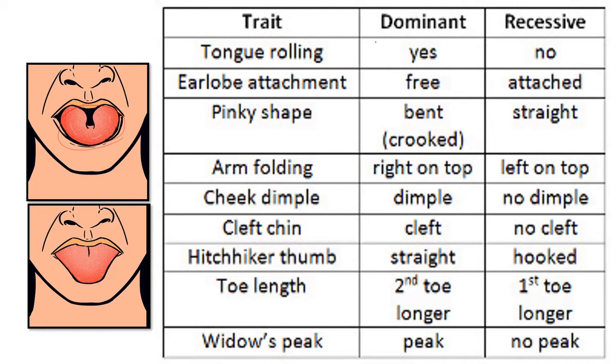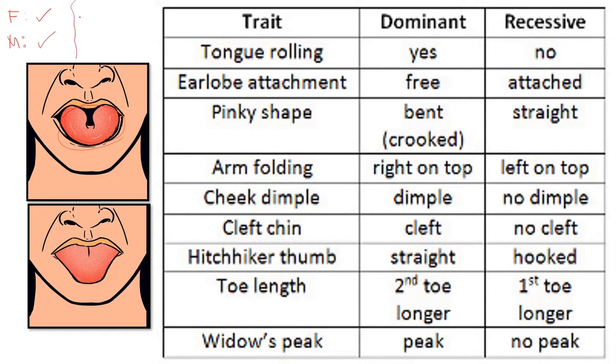So for your dominant trait, there are three possibilities. For example, this is your father and this is your mother. If your father can roll his tongue and you get his characteristic, and at the same time you get the characteristic of the mother that can also roll her tongue, then there's a 100% chance that you can also roll your tongue.